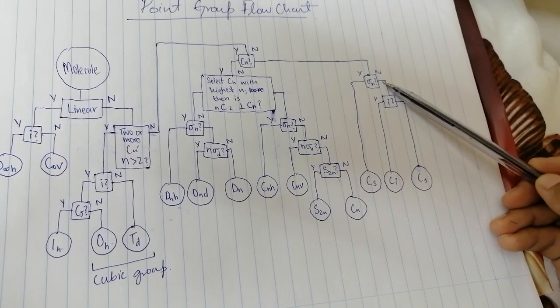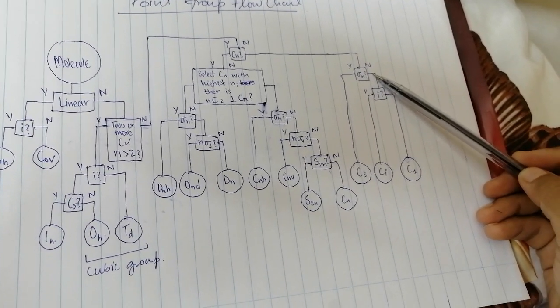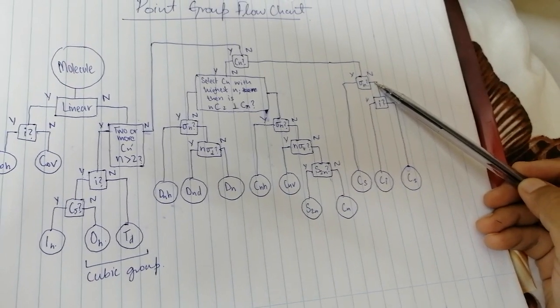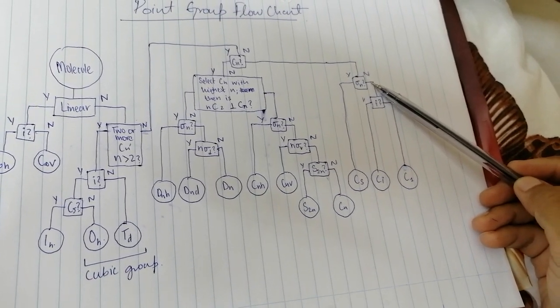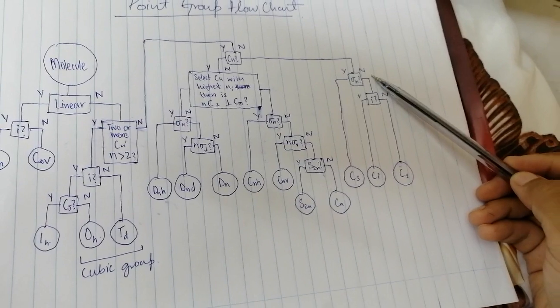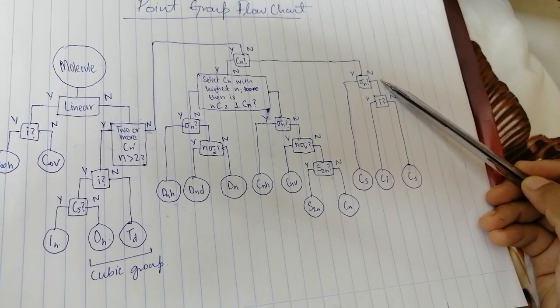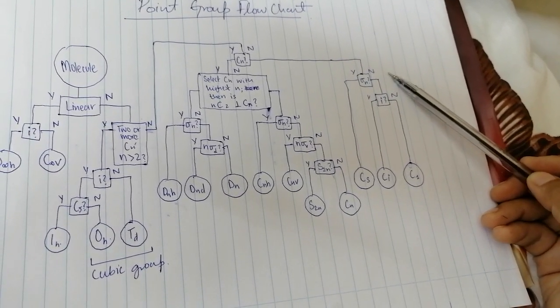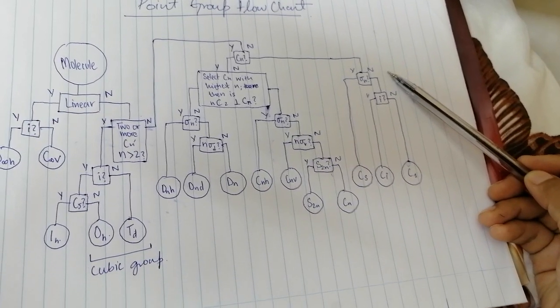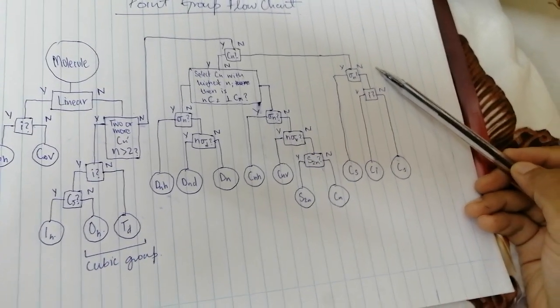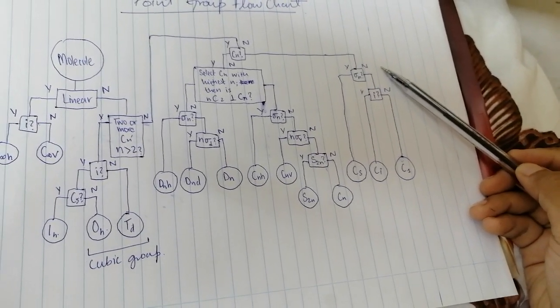Molecules which do not contain a rotational axis can be, for example, tartaric acid, thionyl chloride, or bromochlorofluoromethane. The molecules then fall under the low symmetry groups.